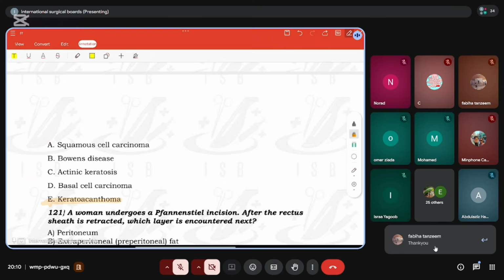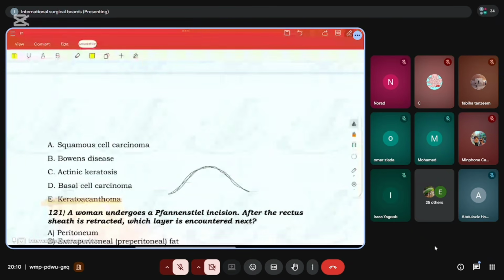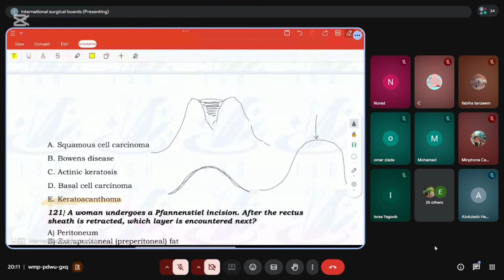Keratoacanthoma is a condition in which there is a very rapid growth that happens, but it's usually symmetrical and dome-shaped, right? In the beginning, it appears like a nodule, like your regular nodule. But after that, this nodule enlarges so much, and in the center, it becomes necrotic and forms a crater, right? Like this. And it is filled with keratin, a keratin plaque.